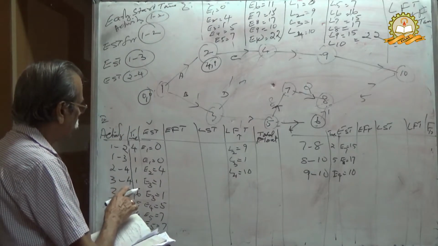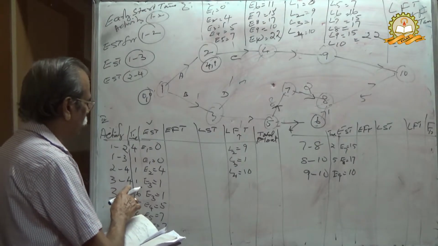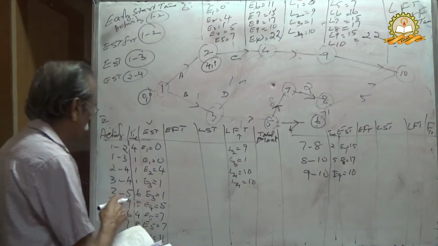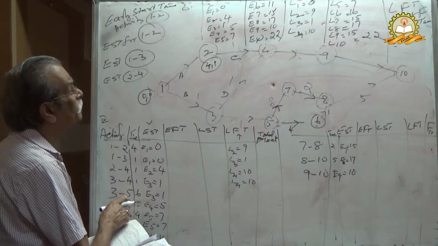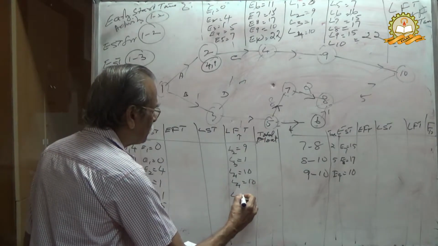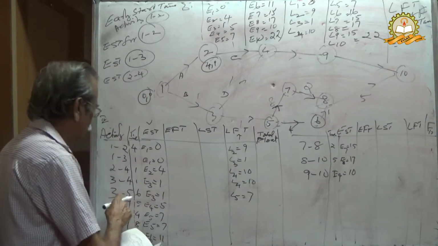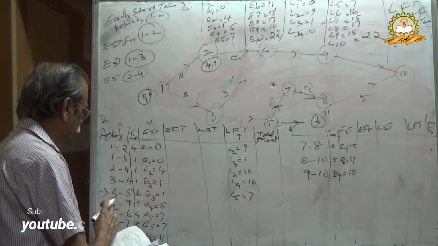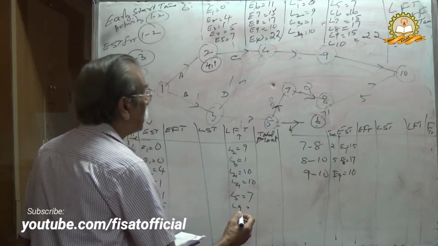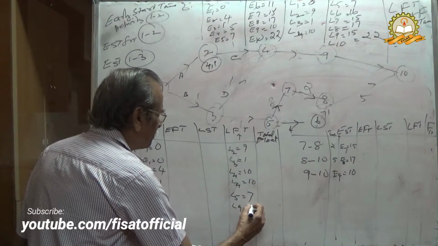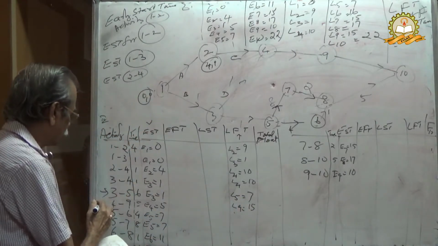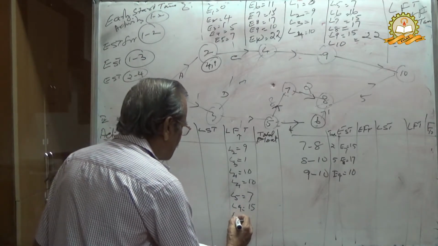Then again 3 to 4, L4 is 10. Then L5 is 7. Up to this you are covered. Then L9 is 15. Then this is L6.